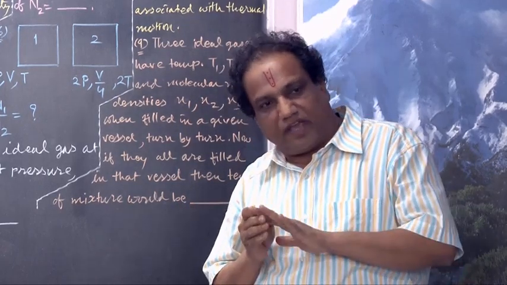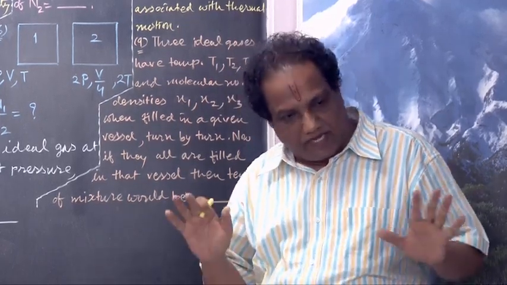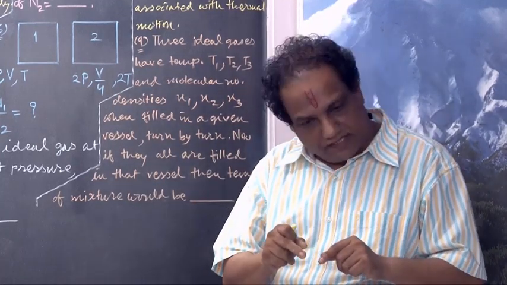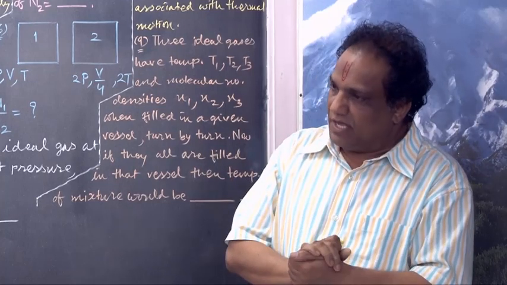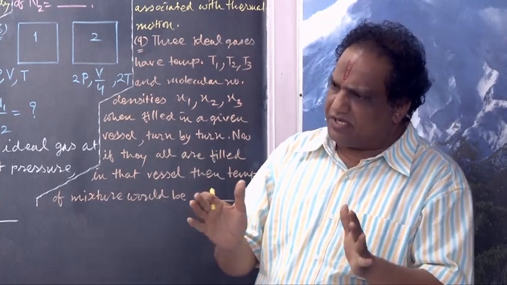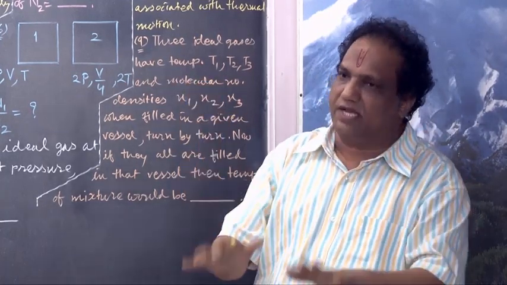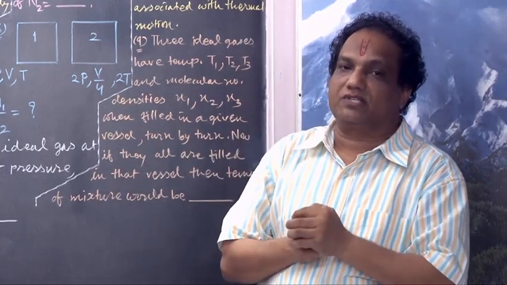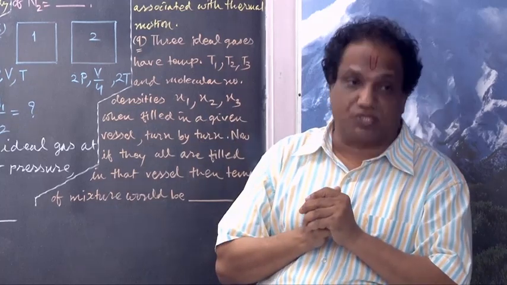Then you vacate it, make it empty completely. In the same vessel, fill up now the second gas, then the third. And now in the same vessel, we fill in all 3 gases at a time. So we will have a mixture.